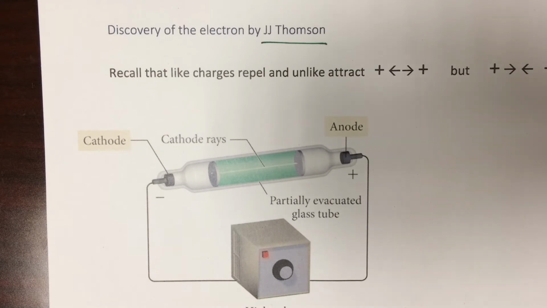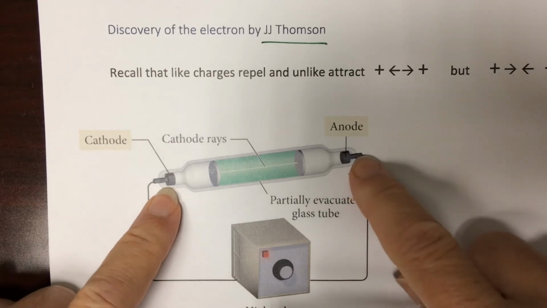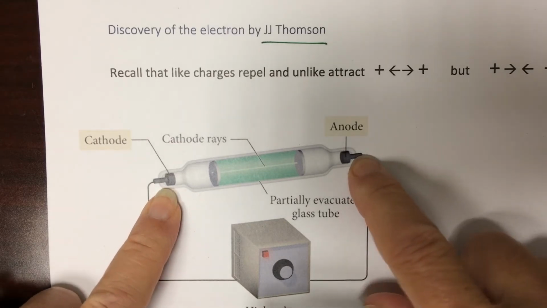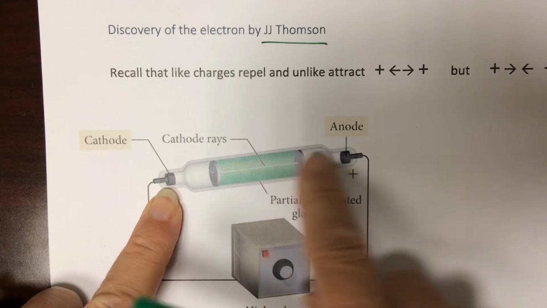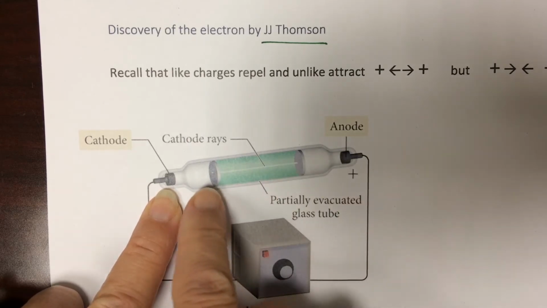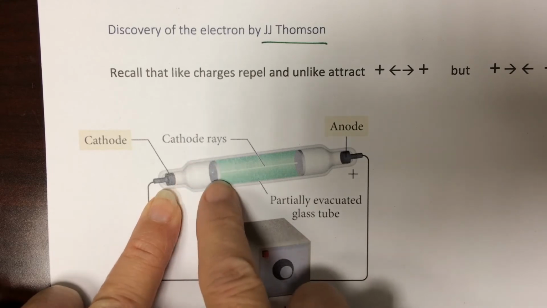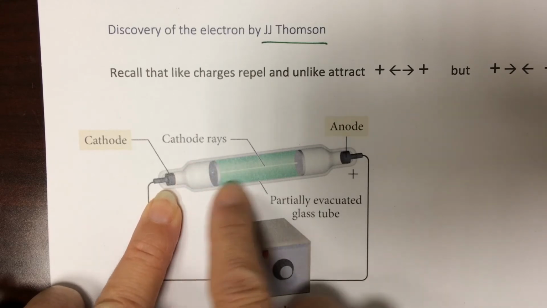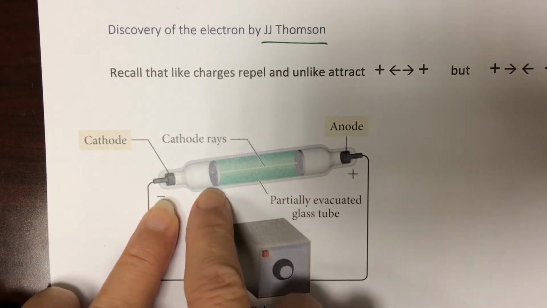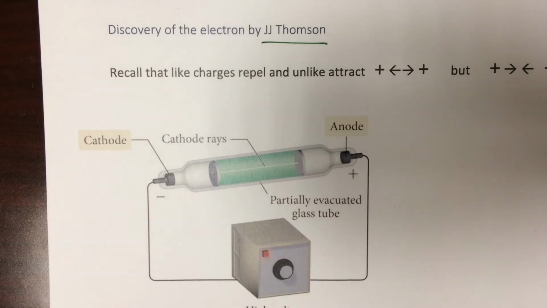He was setting a high voltage on an evacuated glass tube. So there's very little air in this tube. And he noticed that there was a ray, a cathode ray, that traveled from the cathode to the anode. So it was going from the negative to the positive.